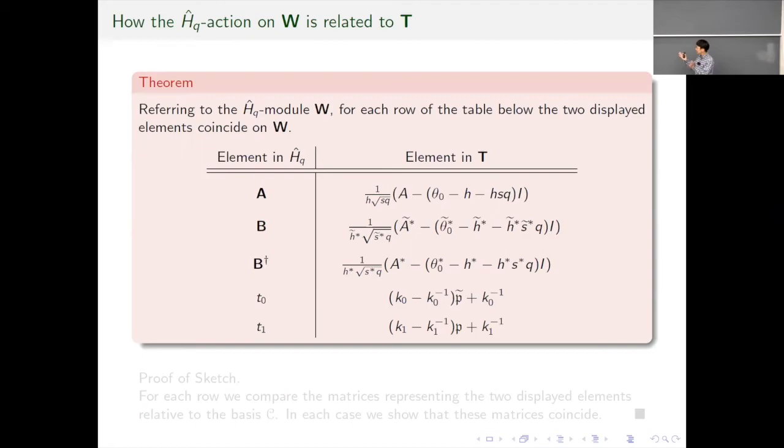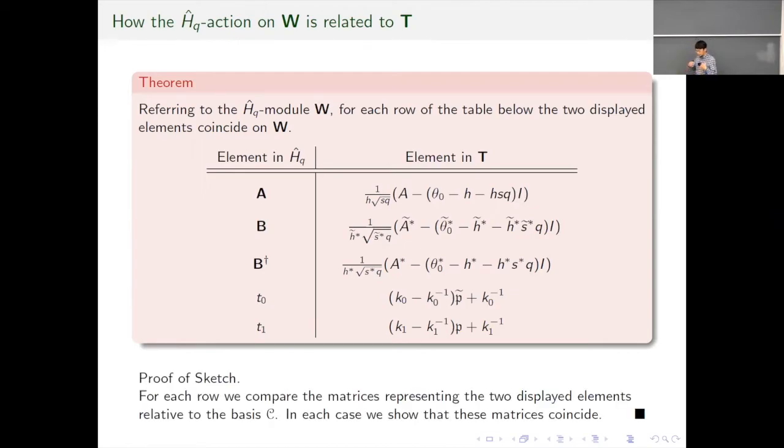So this is the connection between the universal DAHA of type C1 check C1 and a Q-polynomial distance-regular graph of q-Racah type containing a Delsarte clique C. We already saw many actions and many big matrices. So simply we compute the matrix representing each element with respect to our basis script C. Then we find that these two matrices are exactly the same.